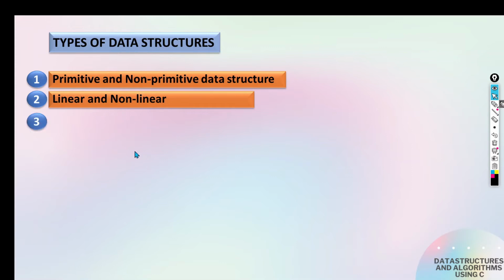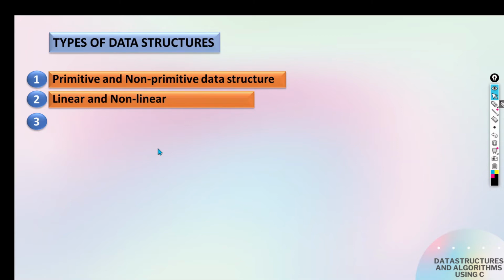Then depending on the allocation of memory also, data structures are organized. Means how the memory is allocated. Means whether the size of your data structure is to be announced at the time of compilation, and then at runtime we cannot grow or shrink it. Or we are allowed to allocate and deallocate the memory as per our need during the execution.